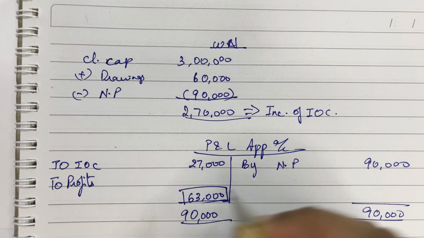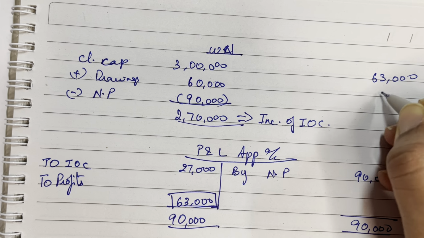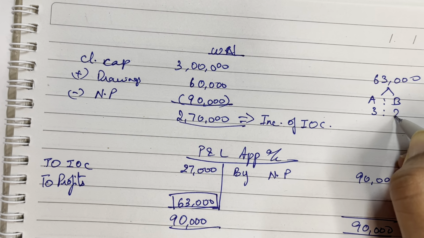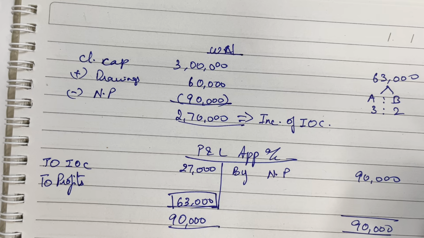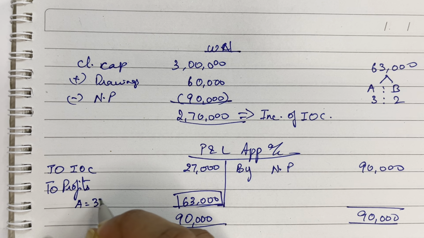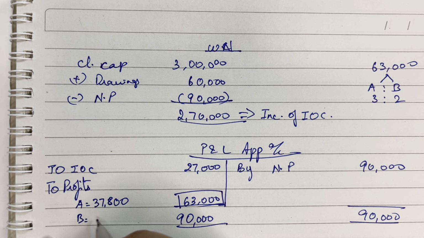Now this amount of 63,000 will be divided between the partners A and B in the ratio of 3:2. So how much does each person get? A will get 37,800 and B earns a profit of 25,200.